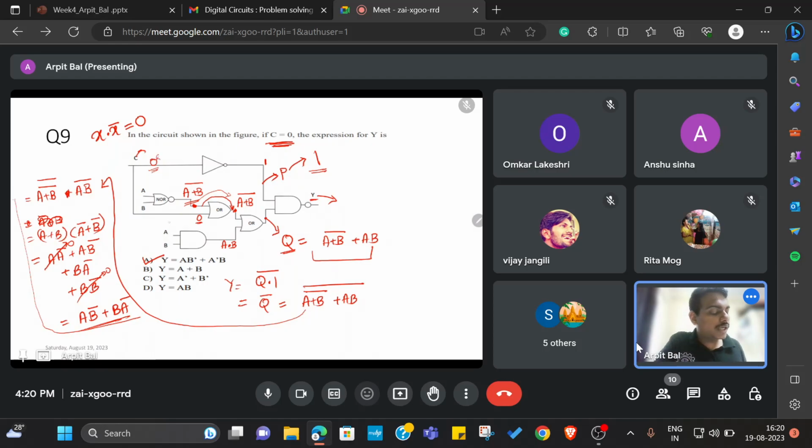Then we solved the remaining set of equations, the intermediate expressions, figuring out the expression here, here, here, here, and then here. Whatever expression we got, we simplified it further and arrived at this result.